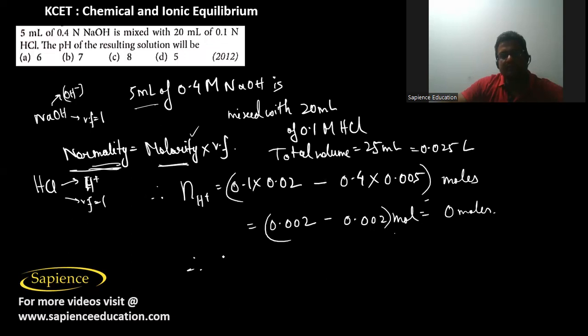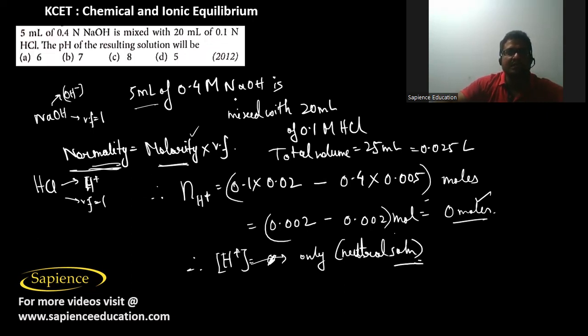So the H plus ion concentration is coming 0 only. So it is a neutral solution, since the number of moles of H plus obtained by mixing NaOH and HCl is coming 0.